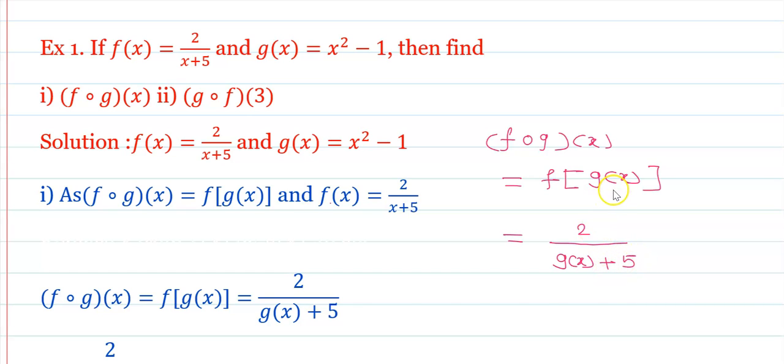Means replace x by g of x only here. In place of x, we will put g of x. And this is f of g of x.